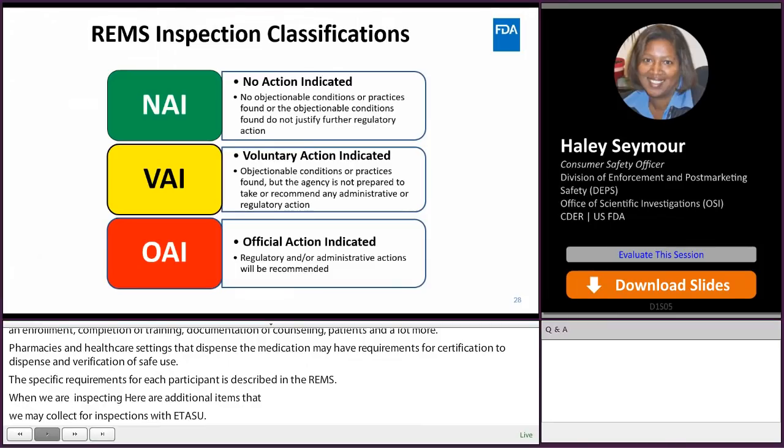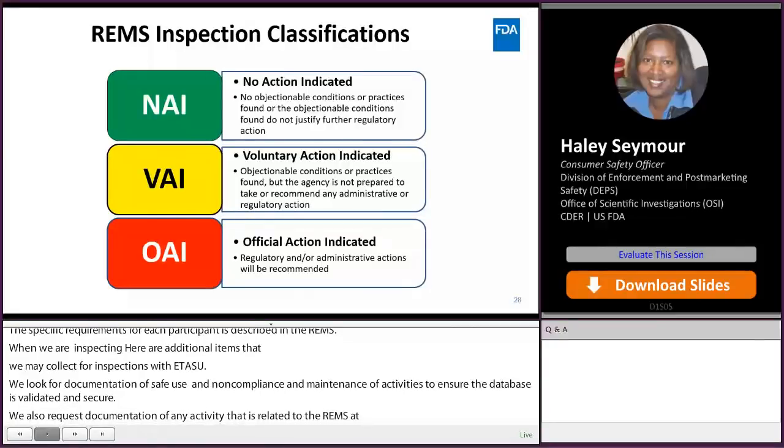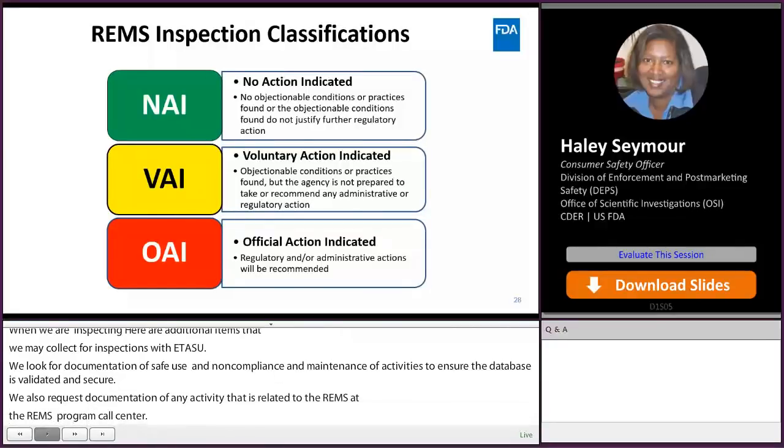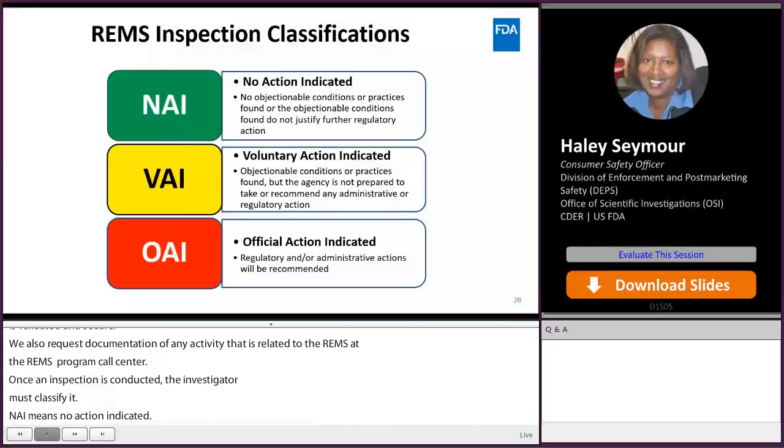Once an inspection is conducted, the investigator must classify it. NAI means no action indicated. So that means no objectionable conditions or practices were found, or the objectionable conditions found do not justify further regulatory action. Or they may be classified as VAI, voluntary action indicated.